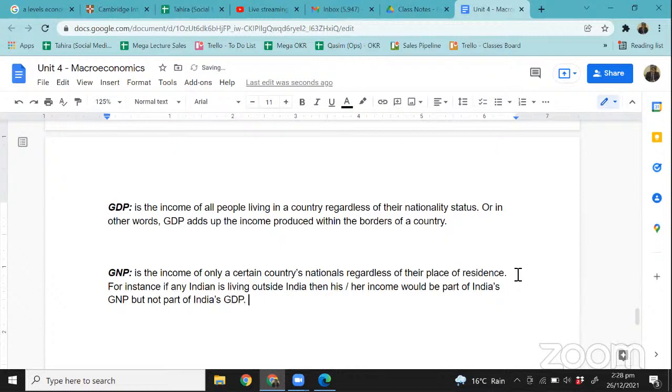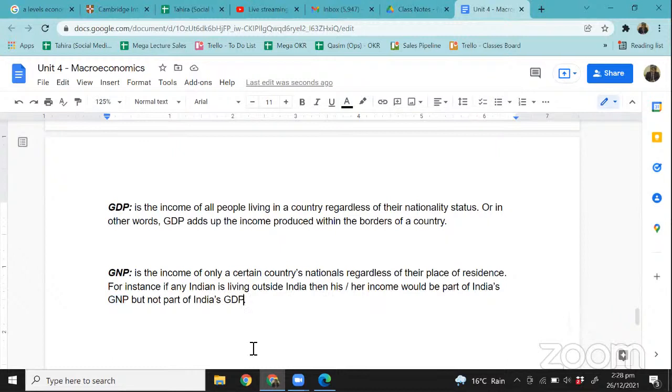Did you get this? So any country's national who is living outside that country, his or her income would be part of that country's GNP, gross national product, but that person's income would not be part of that country's GDP because that person is not living in that country, not within the borders, right?